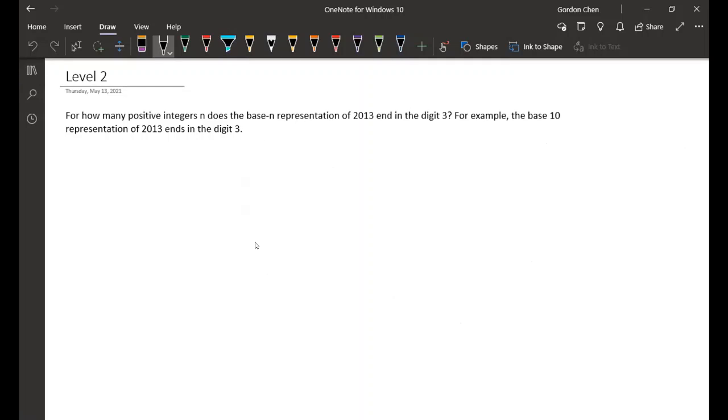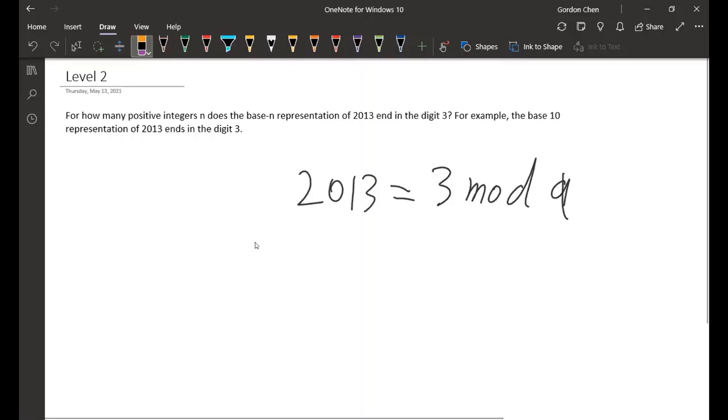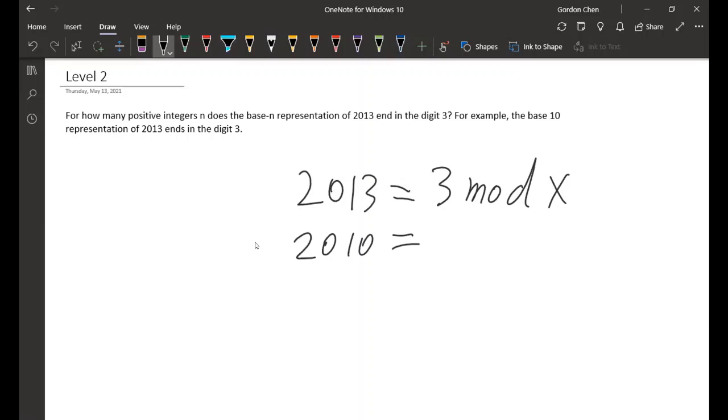How many positive integers n does the base n representation of 2013 end in the digit 3? So that basically means 2013 equals 3 mod x. Well, we subtract 3 from both sides, so that is 2010 equals 0 mod x.